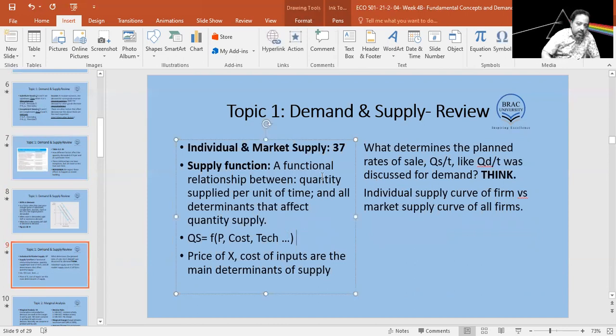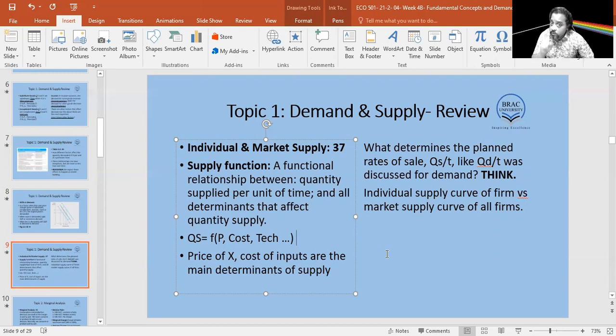Supply is just the mirror image of demand. Okay, so what is supply? Quantity supply is a function of price, but 2 other components are also included. One is cost, another one is technology. If cost increases, supply will shift to the left. That's something other than price.